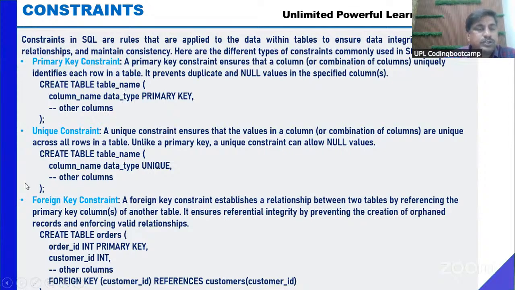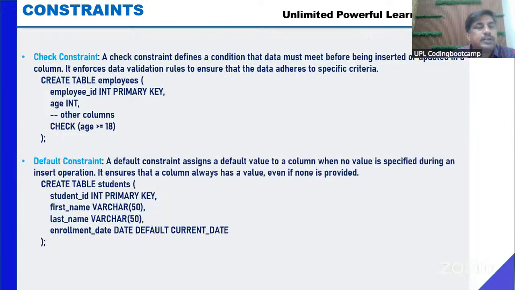Similarly, the unique constraint ensures that only one value it can have: create table, table name, column name, data type, unique. Similarly, foreign key: create table orders, first primary key, and foreign key is nothing but the primary key of the other table, like customer ID is the primary key of the customers table we are referring to here. That means the order is placed by this customer. This type of constraint we call a foreign key constraint.